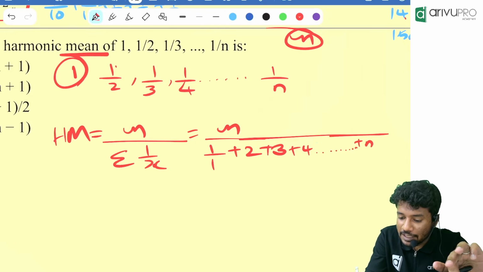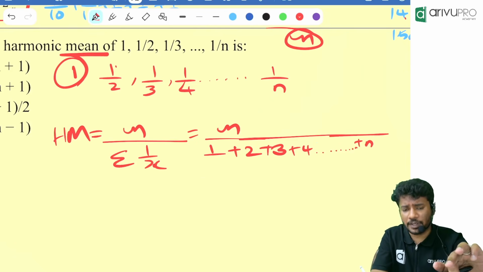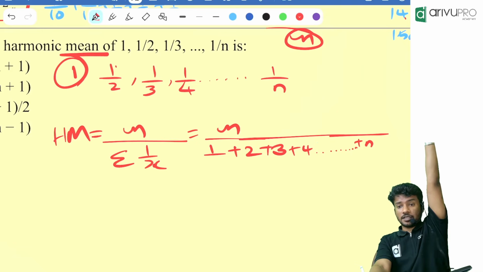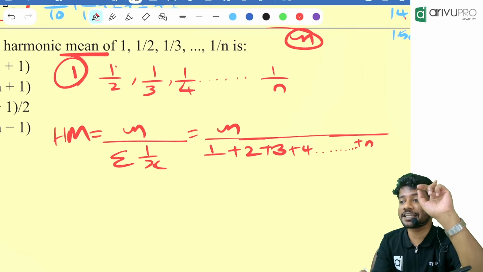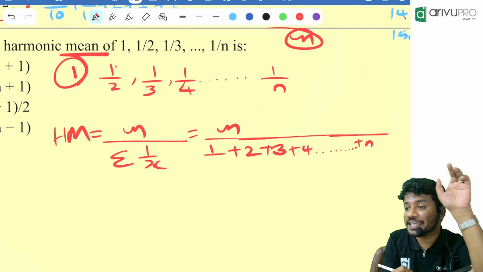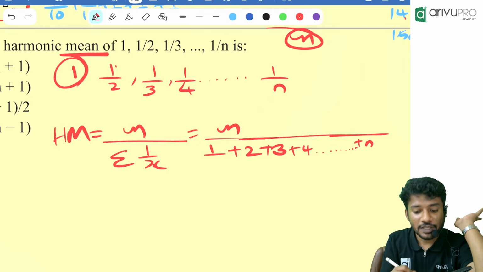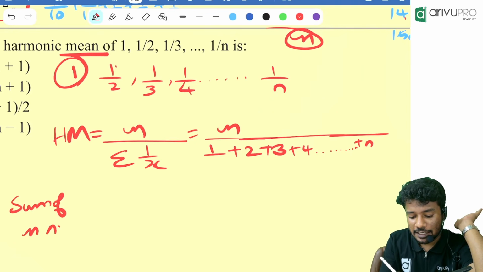Till n. Now if you remember long back, in 6th standard or 7th standard, we have studied something like this. Sum of n natural numbers.